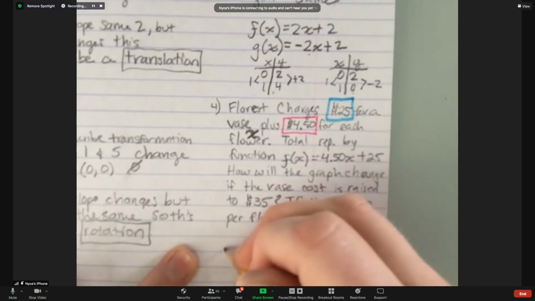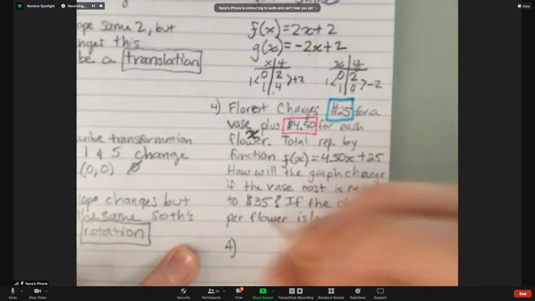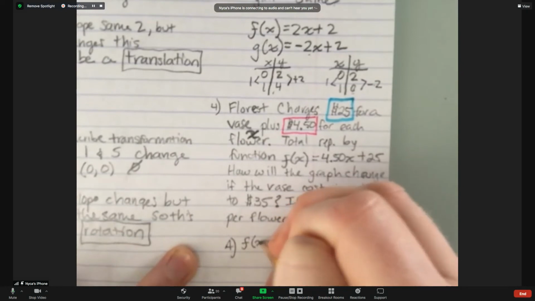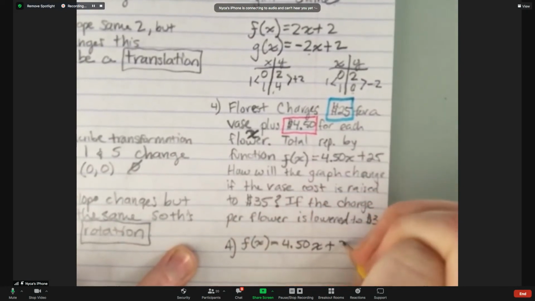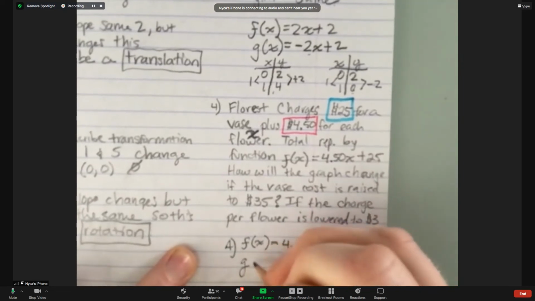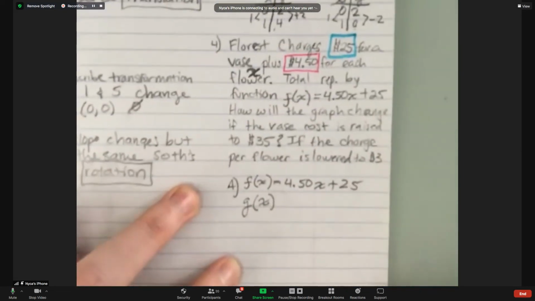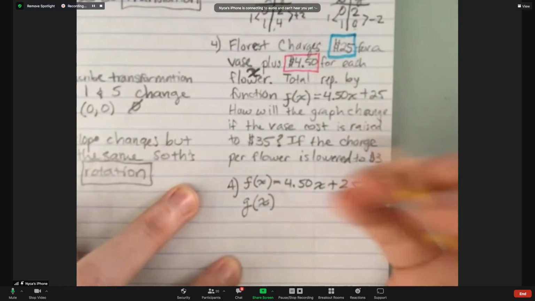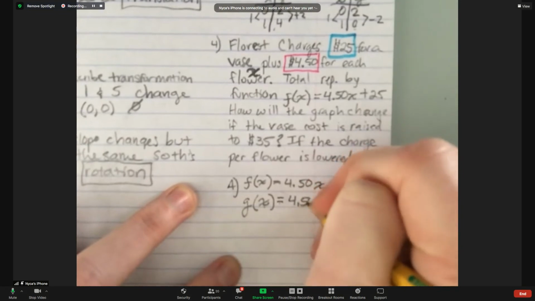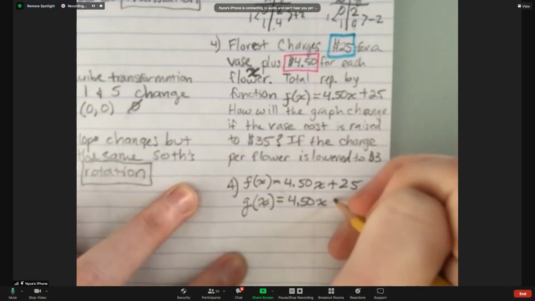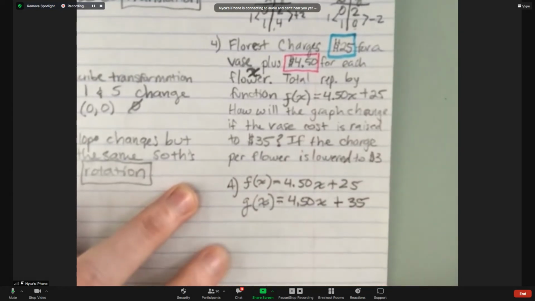So for question A, we're just going to label this as question A. If you were to go from f of x equals $4.50x plus 25 to, yes, you need to show this so that you're understanding a parent function versus the transformation, g of x equals $4.50 per flower, but this time you're paying $35 for the vase.